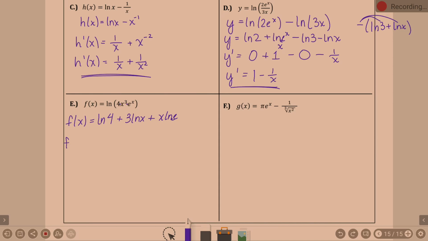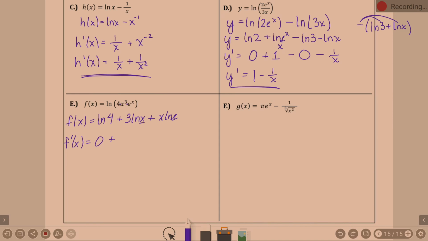Derivative of natural log of 4. 0, because it's a constant. Derivative of 3 natural log of x. There is a variable here. There is an x.